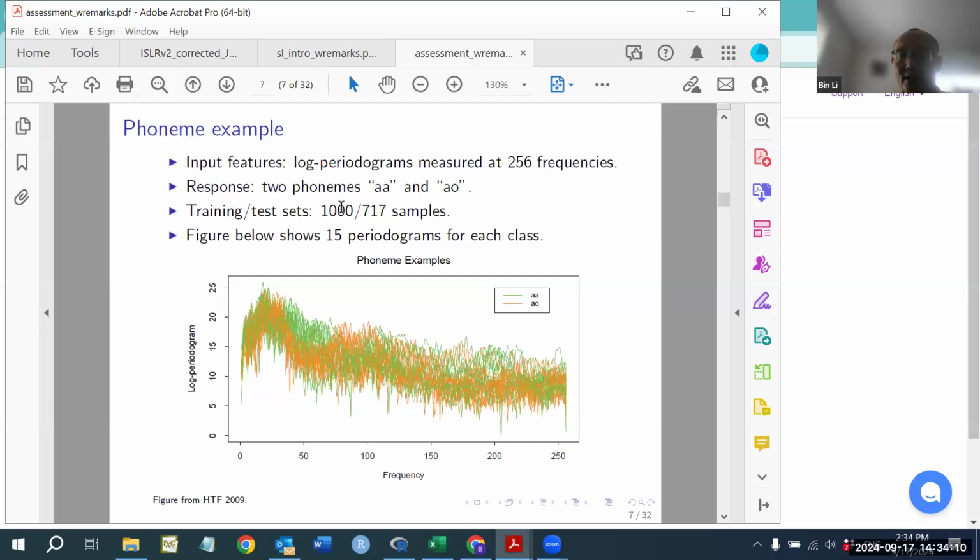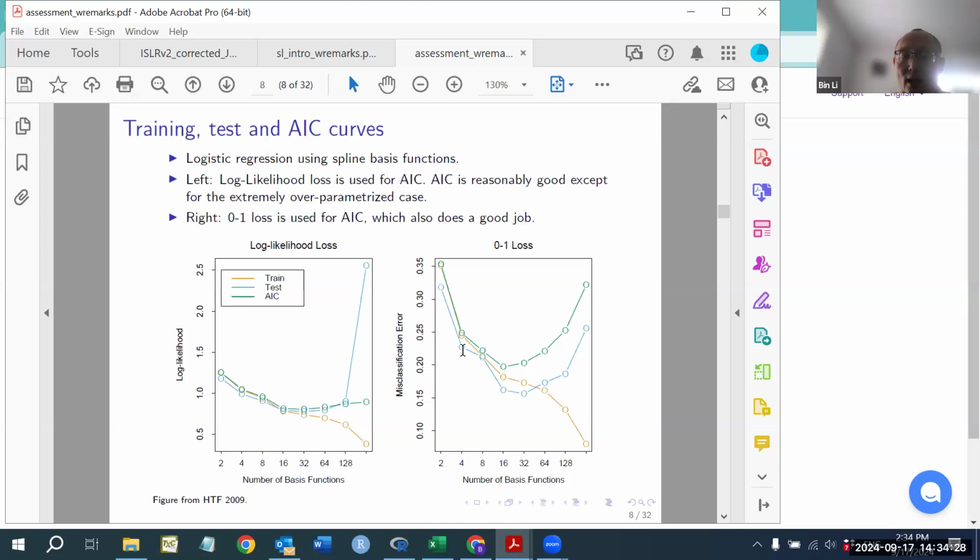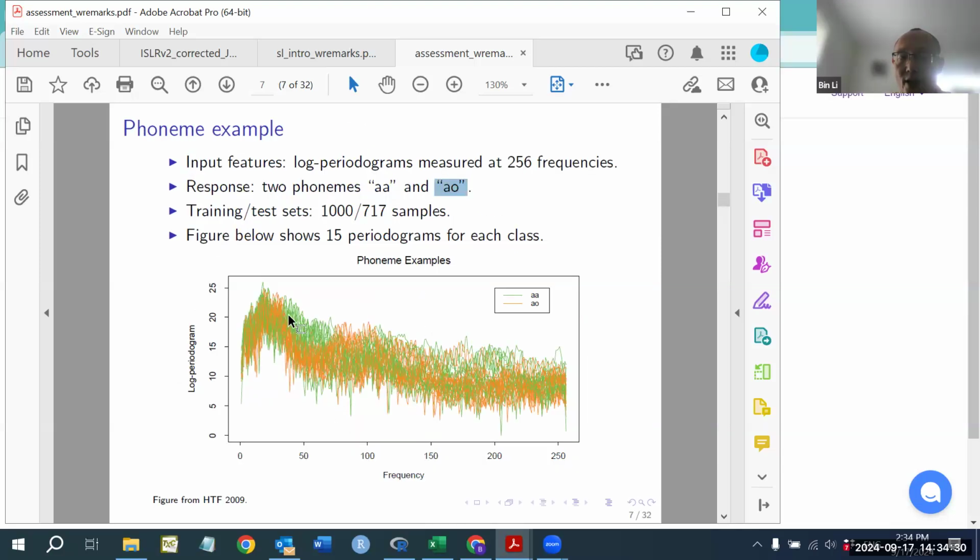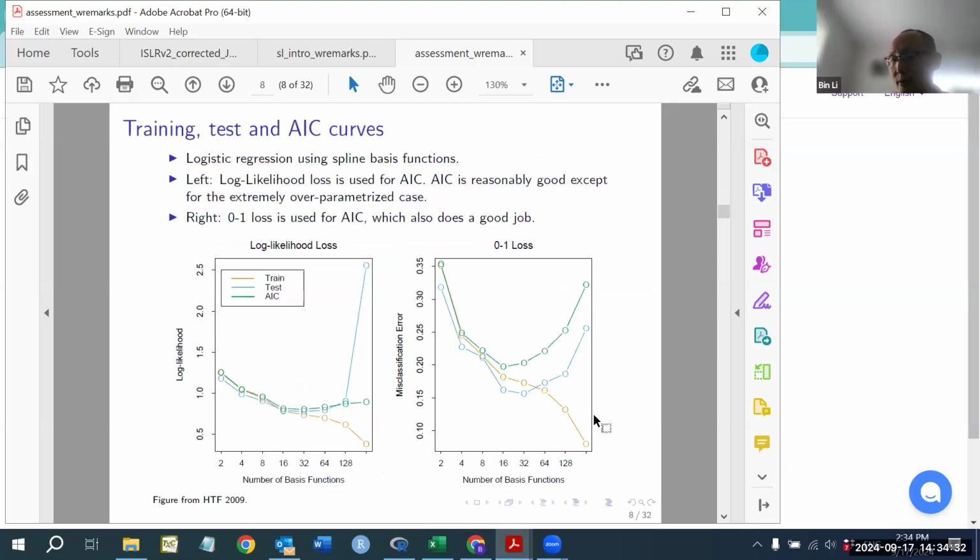We have a training set and a test set, and the figure shows 15 periodograms for each class, so 30 samples, 15 for each. We use these periodograms to do the classification.